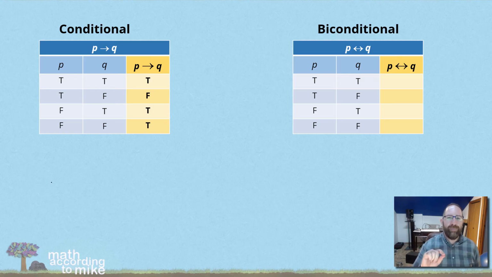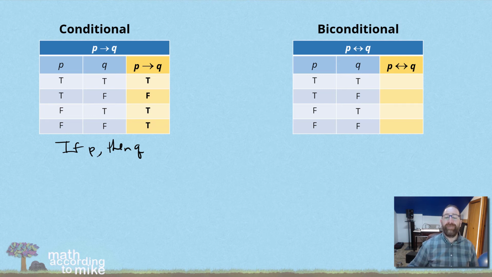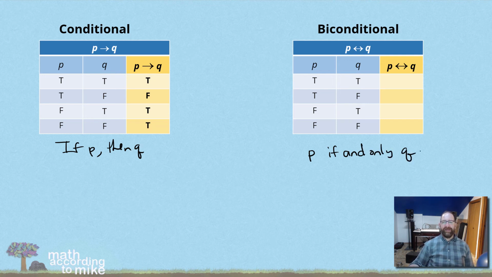So what we just did in the previous section was called the conditional, if P then Q. Let me write that in words. If P then Q. That's the conditional. There's also the biconditional, which would be read P if and only if Q. So if you've ever heard the phrase if and only if, that is considered to be the biconditional.